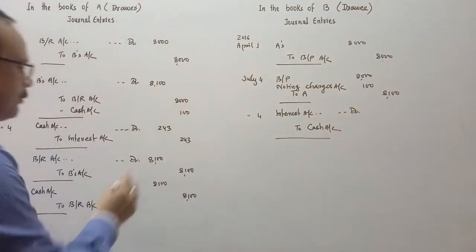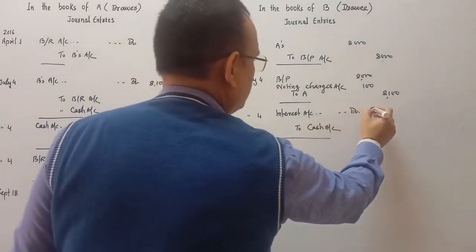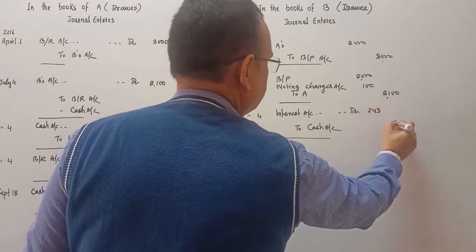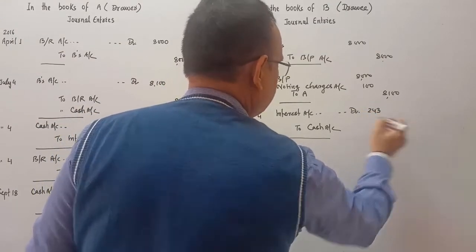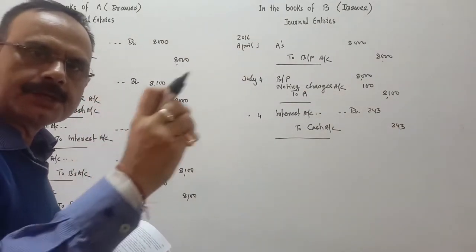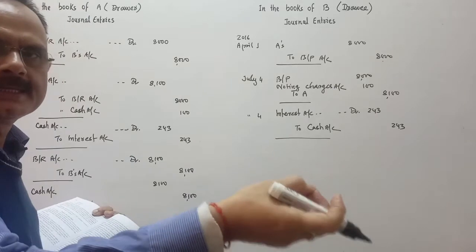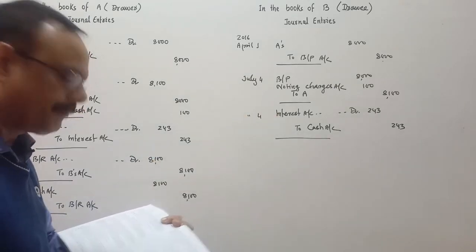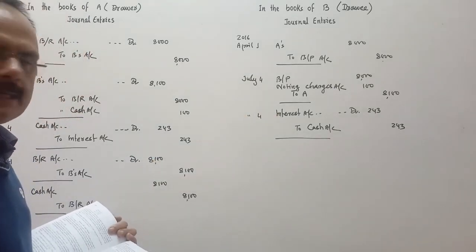Interest we have already calculated, 243. Being interest paid for the extension of the bill for 73 days at the rate of 15% per annum.